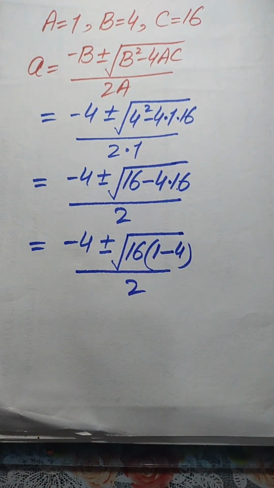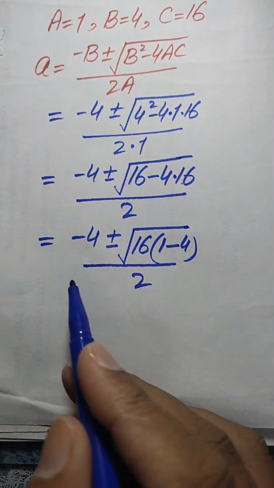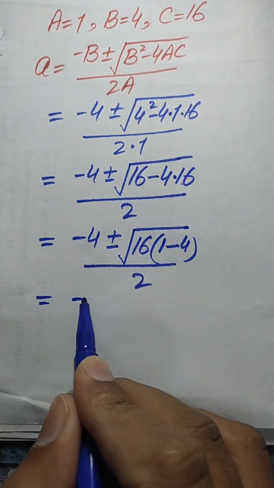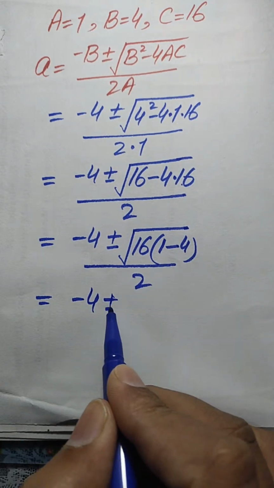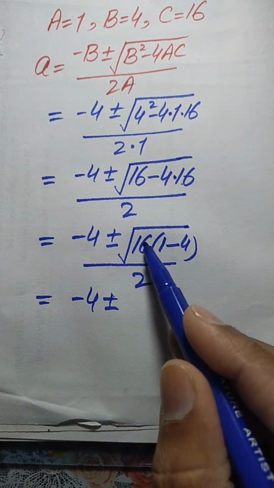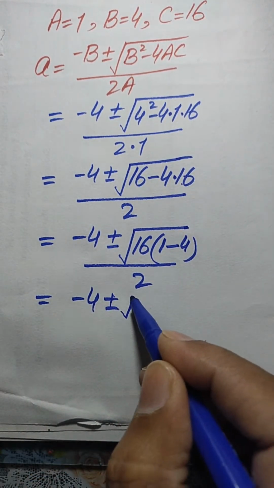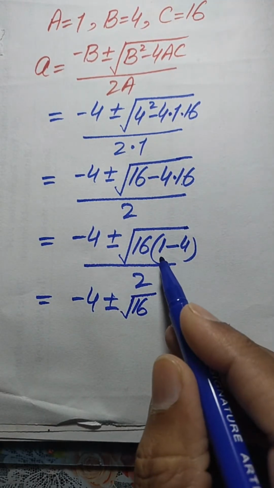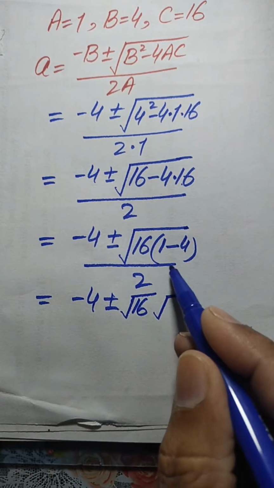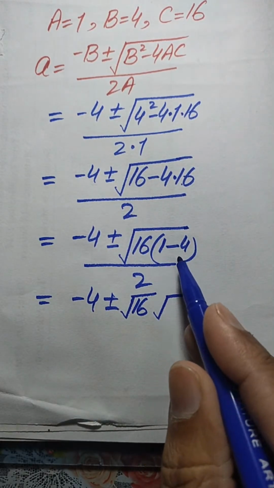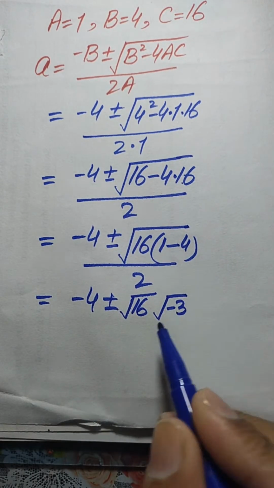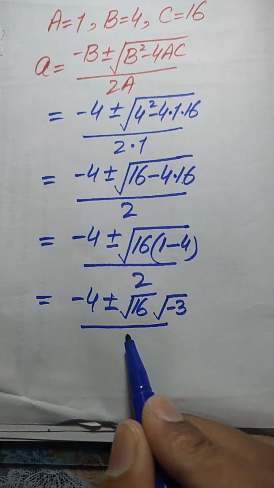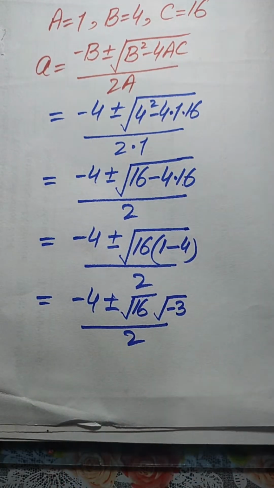And further in the next step, we need more simplifications, and it will be written as minus 4 plus minus, here we apply the square root separately on both of these two values, and it becomes square root of 16 into 1 minus 4, and we know that 1 minus 4 becomes minus 3, so square root of minus 3, and it is divided by 2.